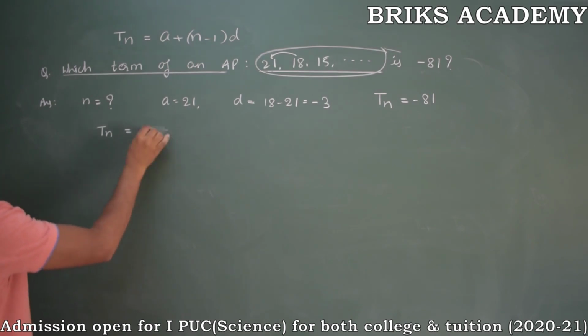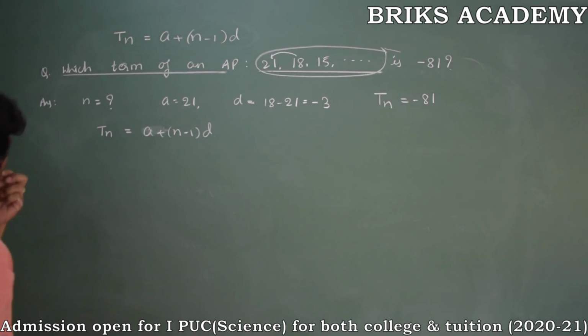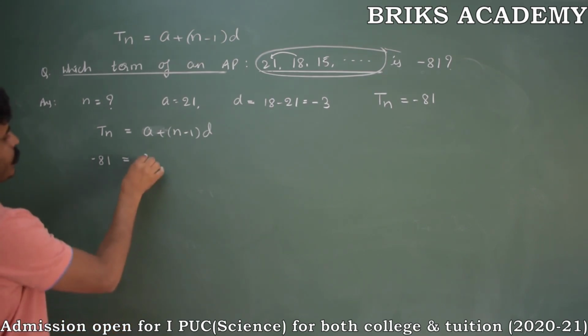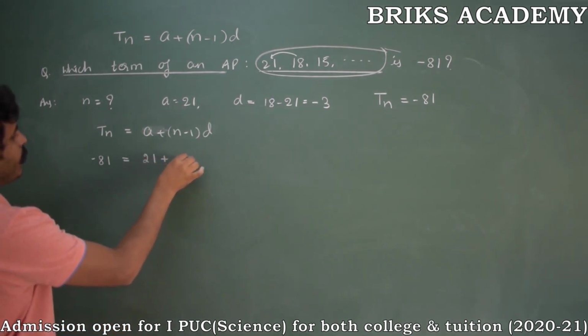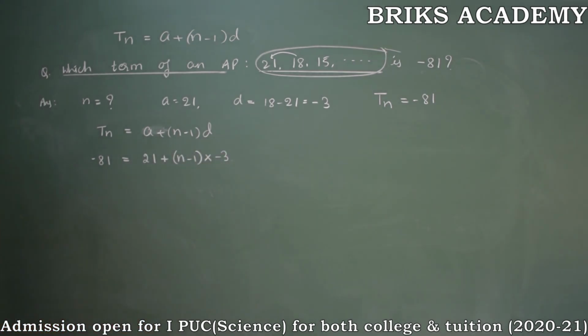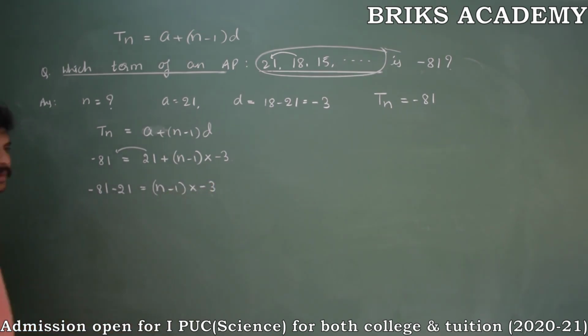A plus n minus 1 into D. Nth term is minus 81 equal to A is 21 plus n minus 1 into what is D? Minus 3. If I take this side, it becomes minus 81 minus 21, equal to n minus 1 into minus 3. What is minus 81 minus 21?